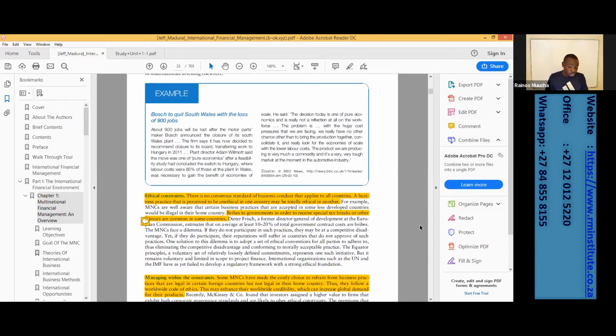So because many of the individuals in management positions of multinational companies belong to professional bodies, this is how they are able to deal with issues of ethical constraints, mainly because the professional bodies have their own code of ethics, and all the members are expected to adhere to it.